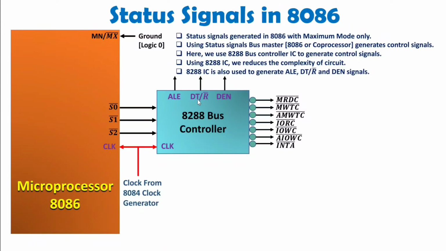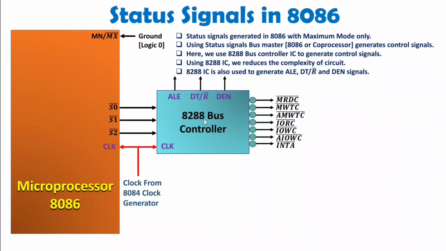And from the second T state onward, the bus controller will give the data enable signal as per the requirement, right? So that is what happens based on clock synchronization. So a common clock is given to 8086 and 8288.